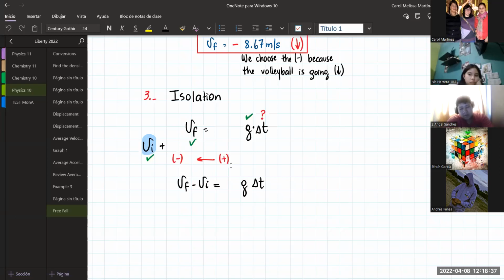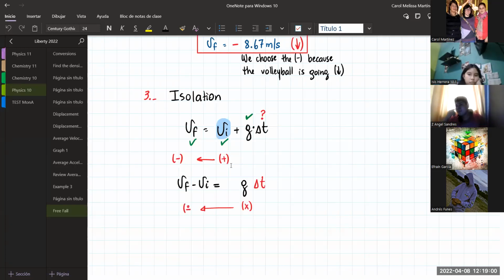Now, what is gravity doing to the time? It's multiplying. So to isolate it, if it's multiplying, you send it to the other side of the equation, and you send it to divide. So you will have final minus initial velocity, divided by the gravity. This is going to give me the equation for time.